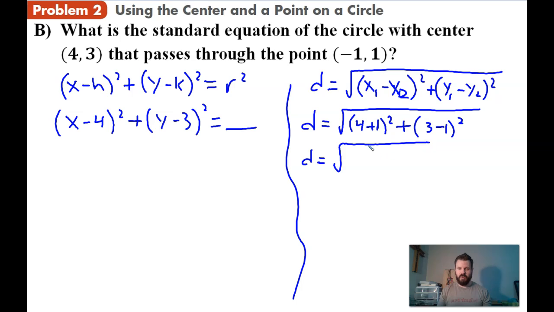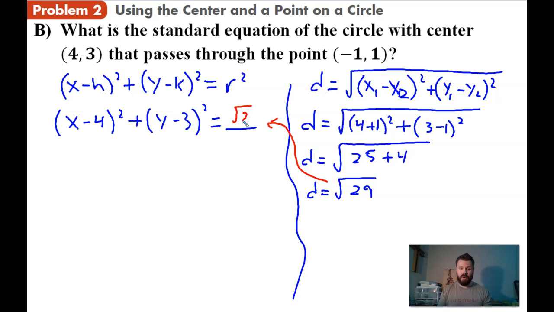That's going to give us the square root of 4 plus 1 is 5, 5 squared is 25, plus 3 minus 1 is 2, 2 squared is 4. Looks like we get square root 29 again.